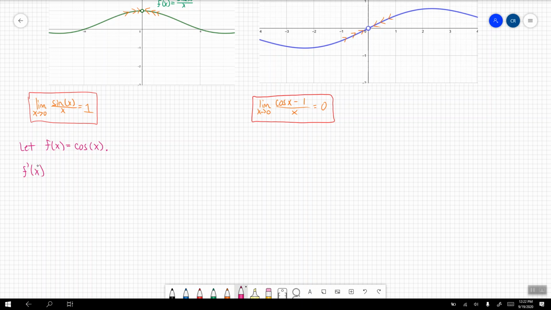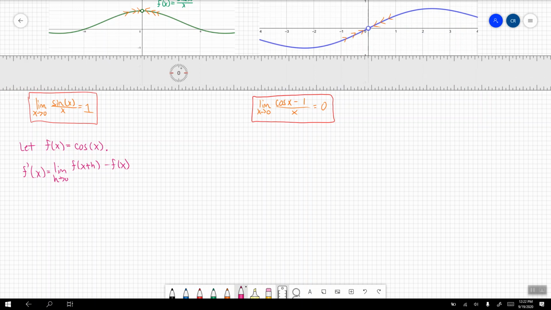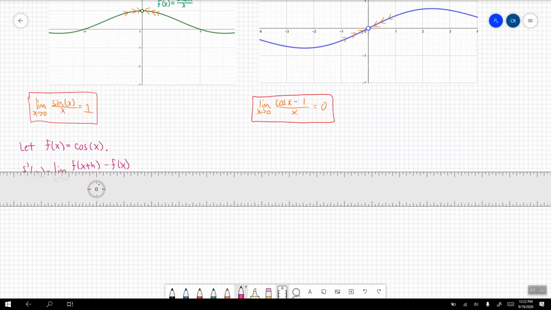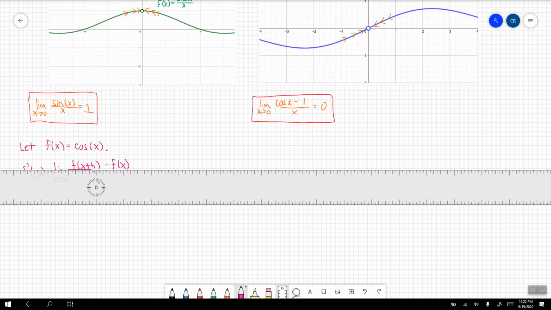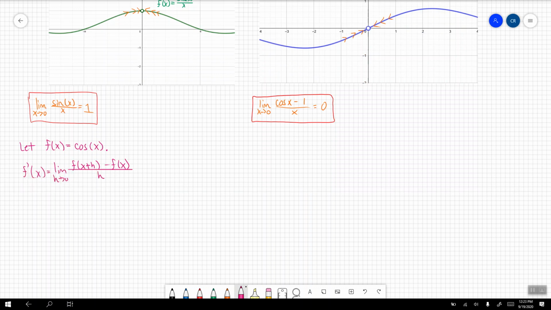F prime, or as we like to call it, the derivative of x, by the limit definition will be the limit as h is approaching 0 for my function f of x plus h minus f of x all divided by h. And again, I'm just using that limit definition that we developed in the previous sections.